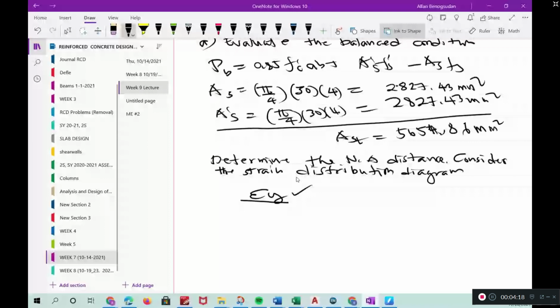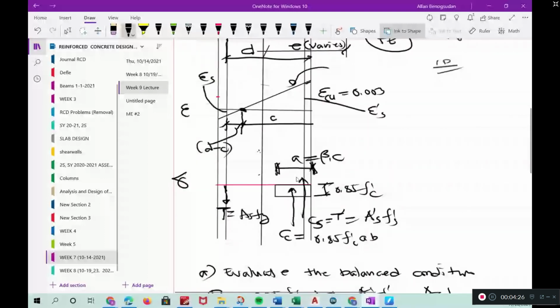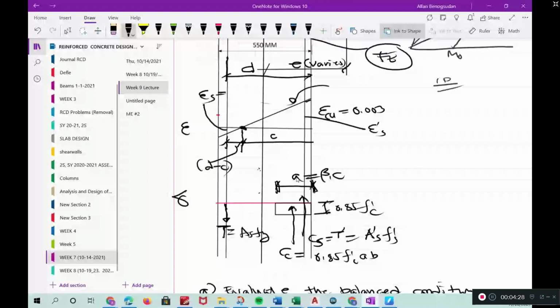Okay, e sub y. Is it fair to say that e sub s is equal to e sub y? What do you think? From our beam.